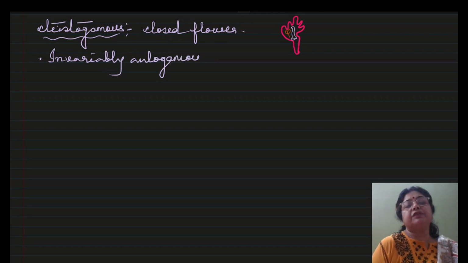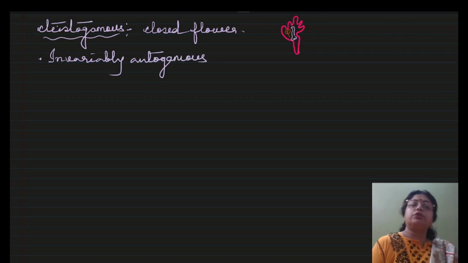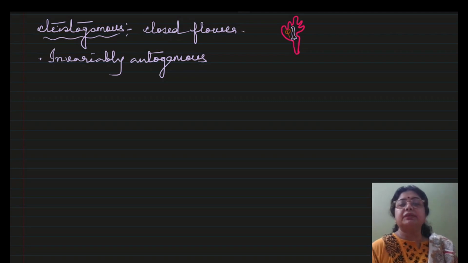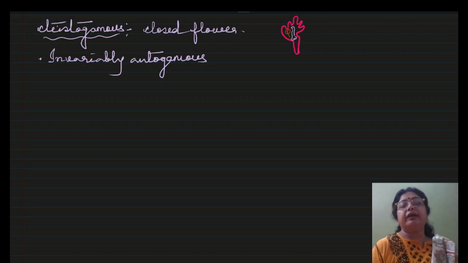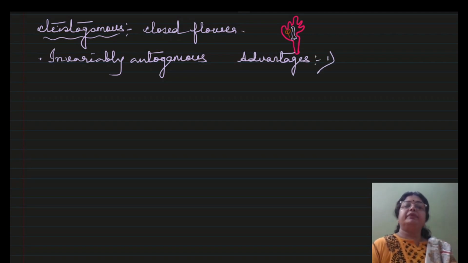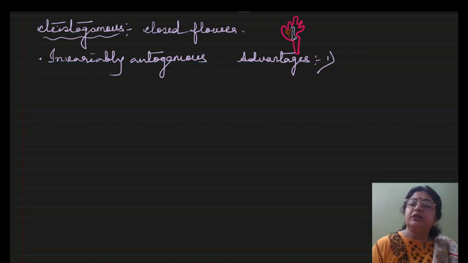So why? Because the flower is closed, so it has to be autogamous. So it is invariably autogamous. And what are the advantages? Two advantages. One, there must be pollination, so the seed must form: assured seed formation.